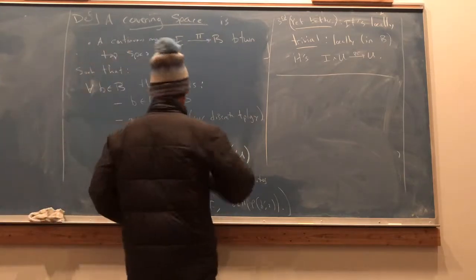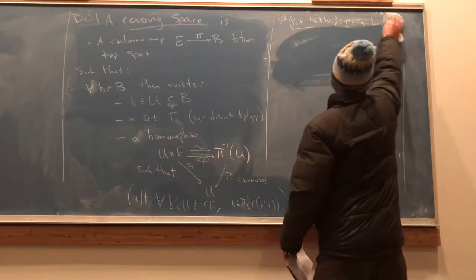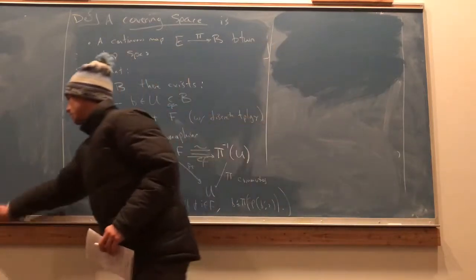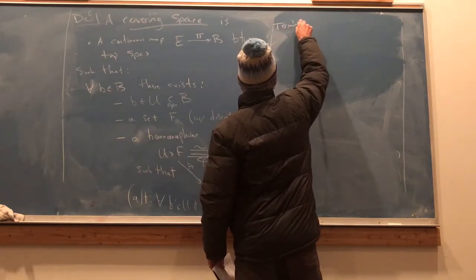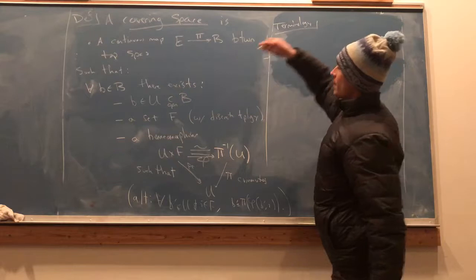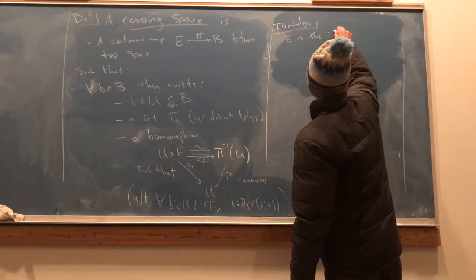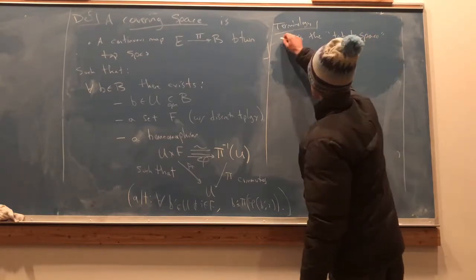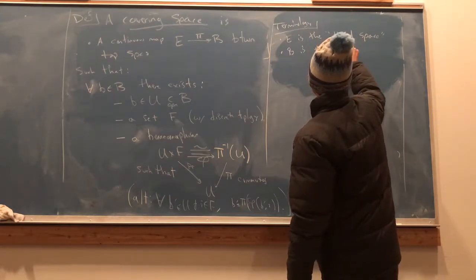Here's some quick terminology. Given a covering space, E is the total space, and B is the base space.